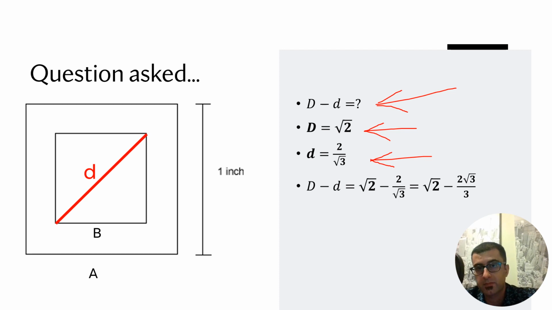So the difference between these two is going to be square root of 2 minus 2 over square root of 3, and this second one, if you multiply both 2 and square root of 3 by square root of 3, you will have this final answer as the difference between the two diagonals of the larger square and the smaller square. So this is the answer to this question.